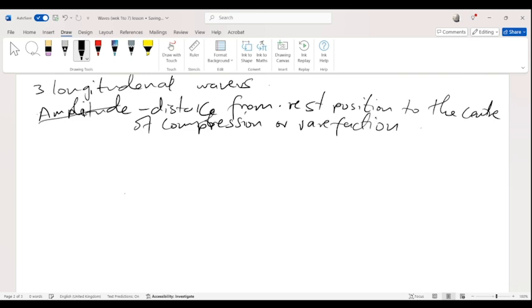Okay, I'm not gonna waste too much time. This is how a longitudinal wave looks like. A typical example of a longitudinal wave is a spring or a sound wave.